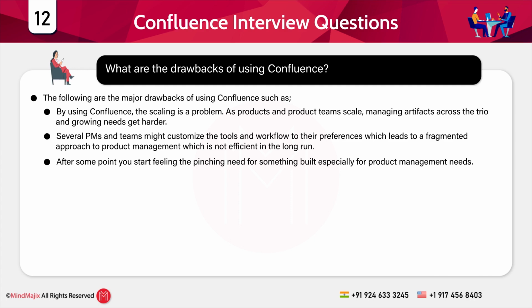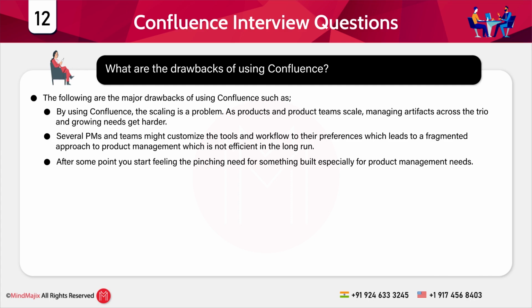First, by using Confluence, scaling is a problem. As a product and product team scale, managing artifacts along with Trio and growing needs get harder. What happens? Getting things into place becomes a bit harder. Several PMs and teams might prioritize the documents and customize the tool and workflow with their preference, which leads to a fragmented approach to product management and which is not efficient in the long run.